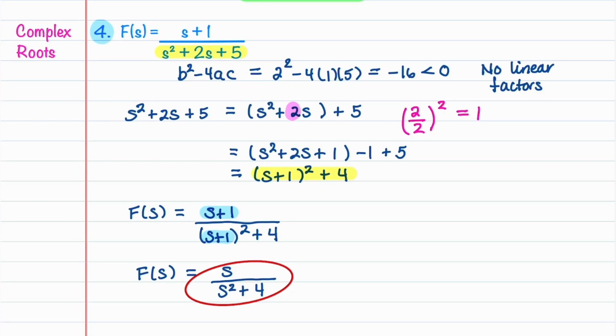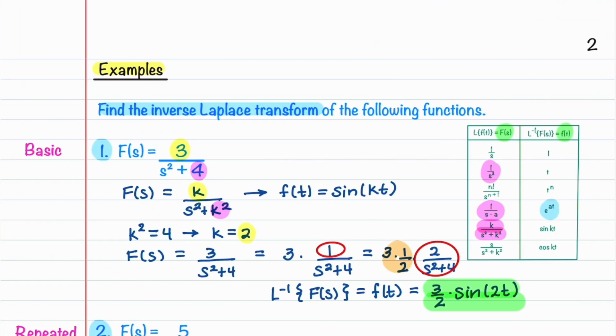Now let's think about this and go to our table and see what we can find. We have s divided by s squared plus 4. In our table, we have s divided by s squared plus k squared, so that's definitely the one we want to use. And the inverse Laplace transform is cosine kt.